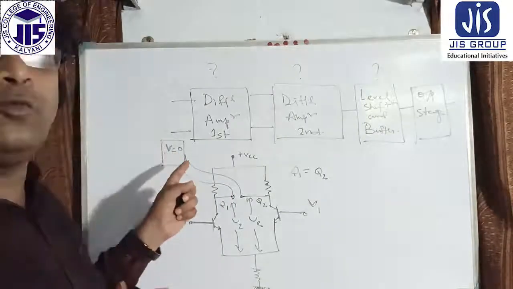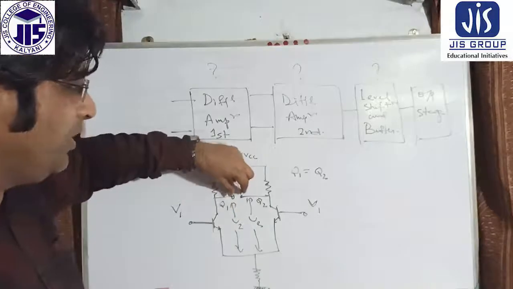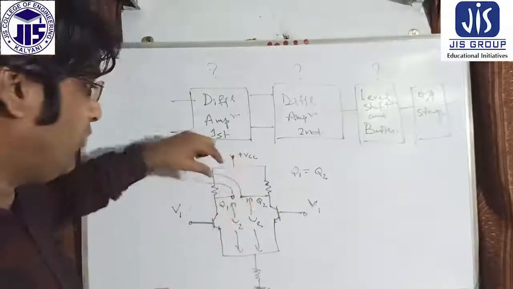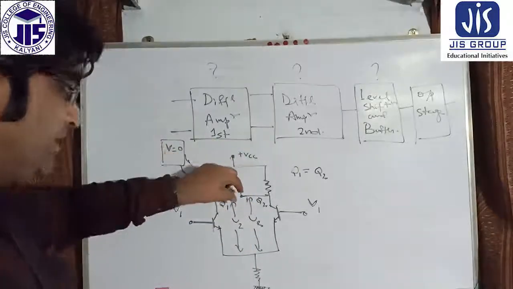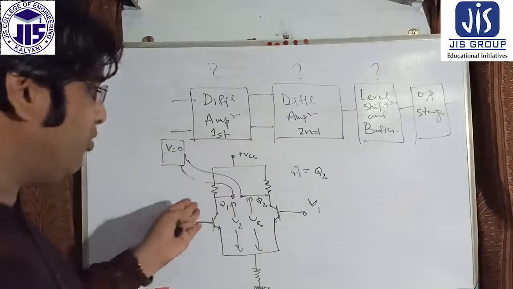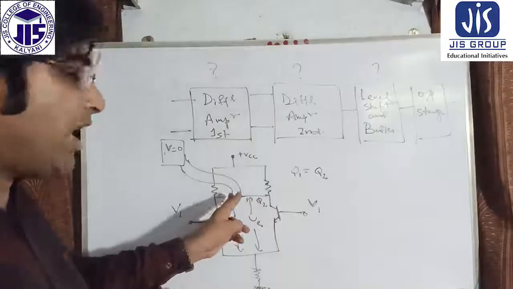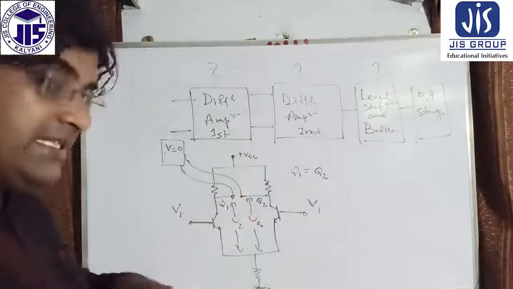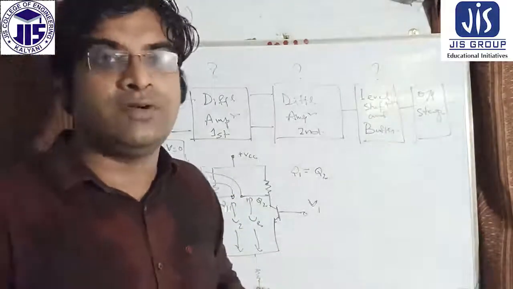The difference between these two voltages is 0, so we are not getting any voltage at the output side. That means I introduce the same voltage and the same voltage, and we do not get an output voltage. This is actually the differential amplifier.